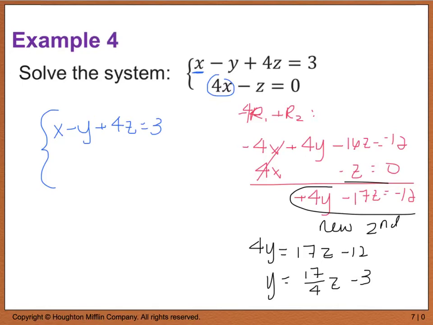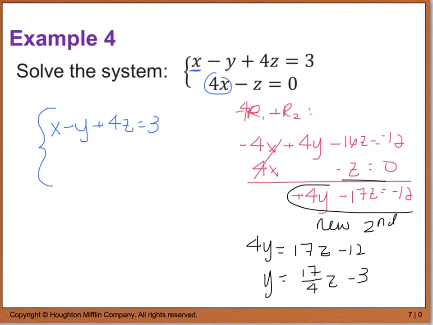So now what I've done is I've got y isolated. I need to go back and plug this stuff here into this equation so that I can solve for my x and z values. So to do that, I have x minus 17/4 z minus 3 plus 4z equals 3.